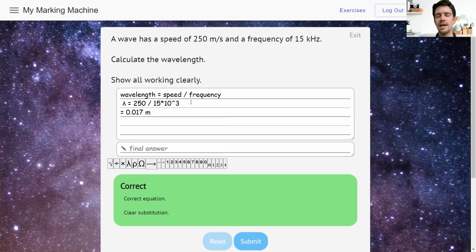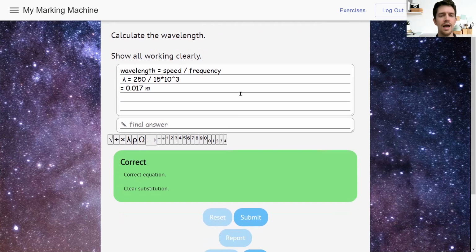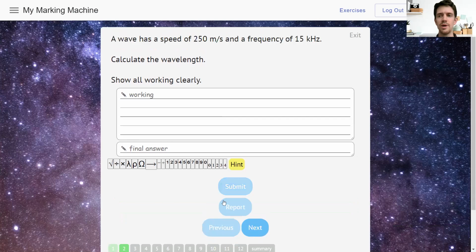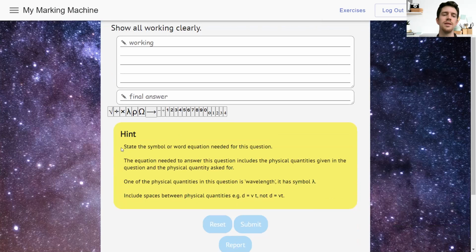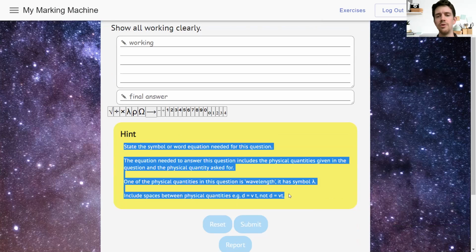The sort of answers that I put in here and the development of the answer is based on what I've seen real students doing when they're using the platform. And so I know that it works in the way shown. If they are stuck, then they can ask for a hint, and then they can be guided through these points.